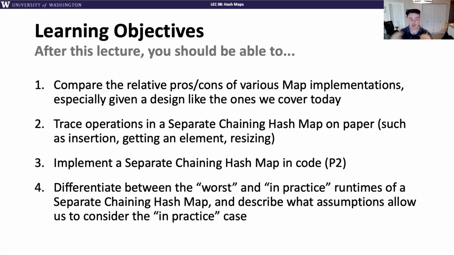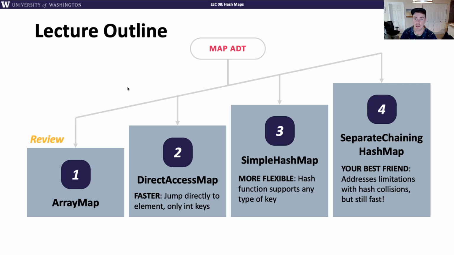So if I describe this thing to you later in this lecture, you'd be able to simulate what it does on paper and also then be able to implement it, which you'll be doing on Project 2. So again, it's okay if you don't fully implement it today, you're going to be practicing that in Project 2. And then we're going to also be able to differentiate between the worst case and in practice runtimes of a separate chaining hash map. And again, we'll talk about what that means. So those are our learning objectives.